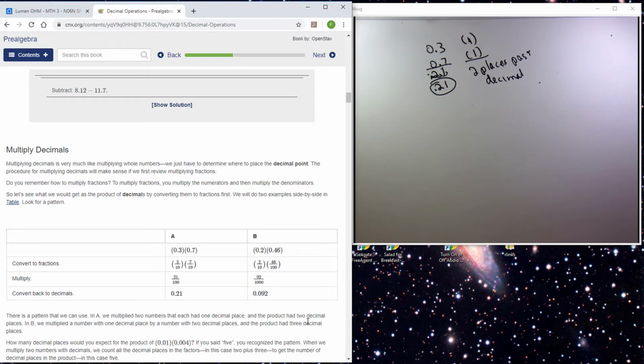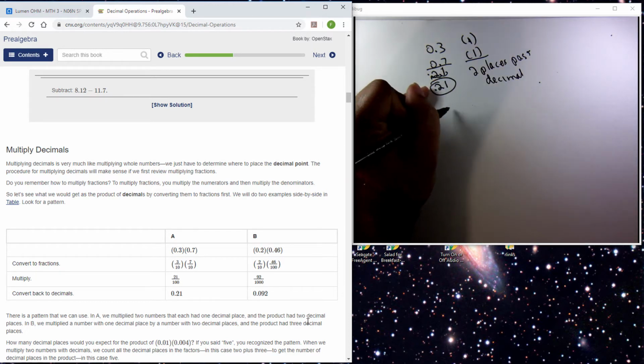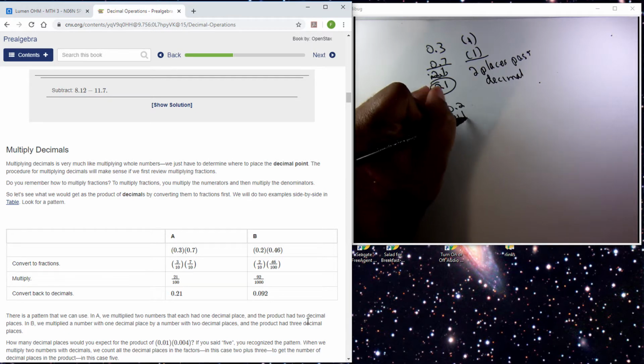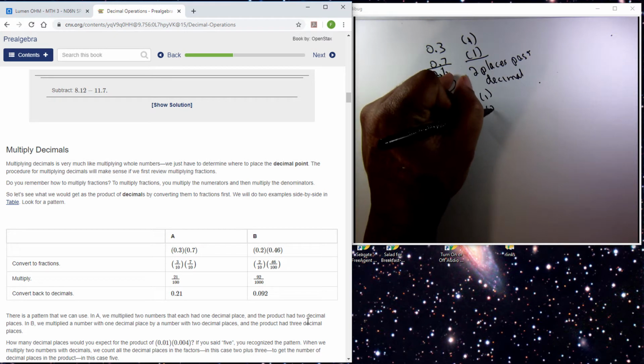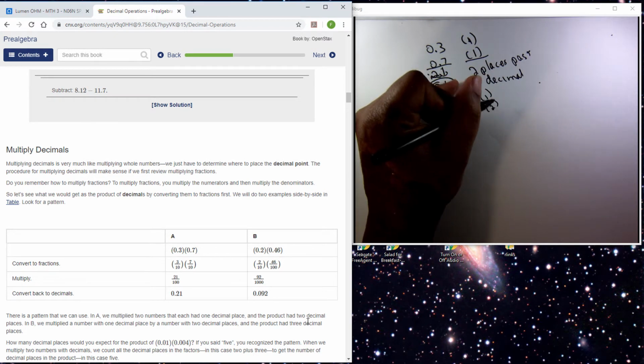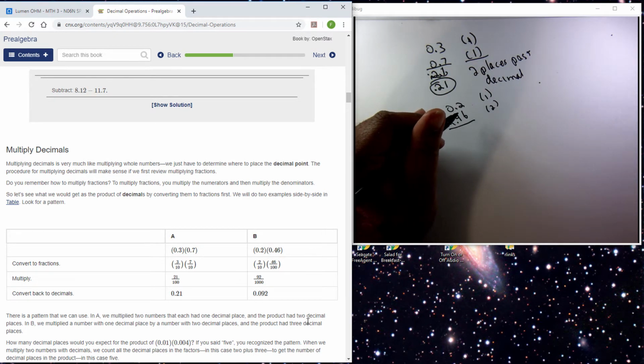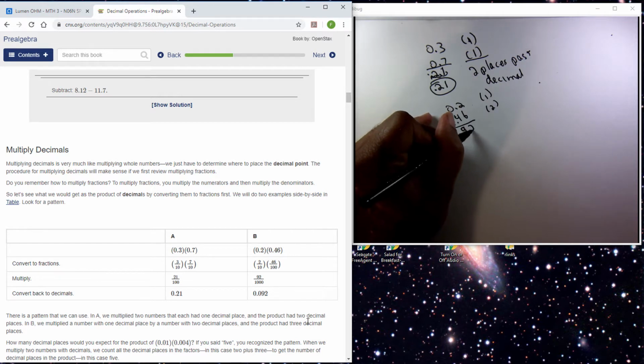Another one here. They have 0.2 times 0.46. 1 place past the decimal and 2 places past the decimal. And 2 times, then you multiply it as if the decimals weren't there. 2 times 46 is going to be 92.